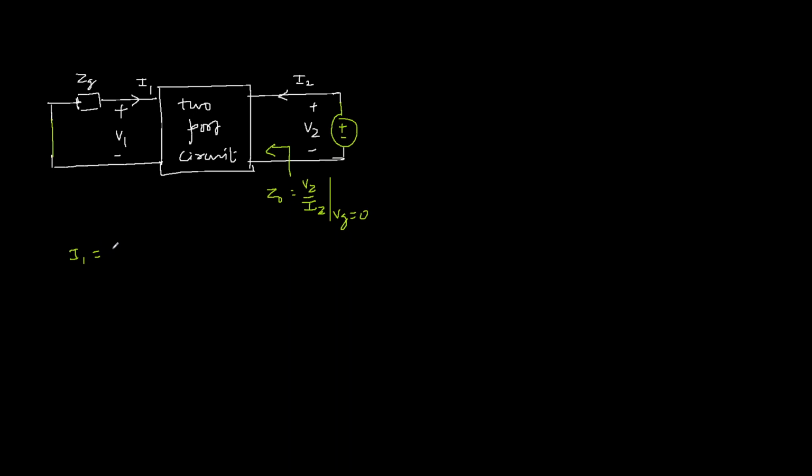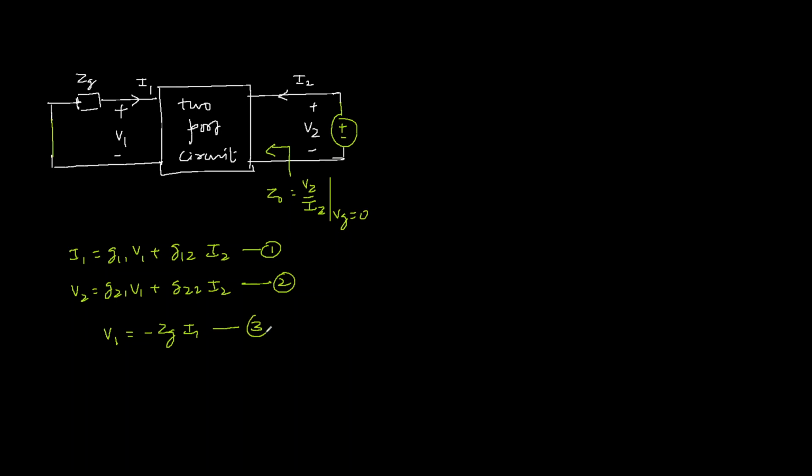Equations for the two-port network in terms of G parameters are I1 equals G11 V1 plus G12 I2, and V2 is G21 V1 plus G22 I2. So we have to find V2 over I2. First of all, from the input side, V1 is negative ZG I1. Suppose this is equation 3.